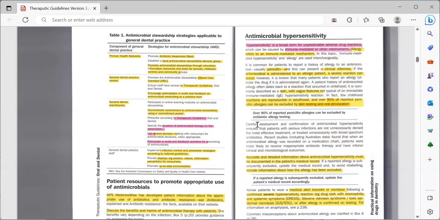Careful assessment and confirmation of antibiotic hypersensitivity ensures that patients with serious infections are not unnecessarily denied the most effective treatment or left untreated. Here they want to explain that it is very important to assess whether the patient actually has the allergy to that particular medicine.